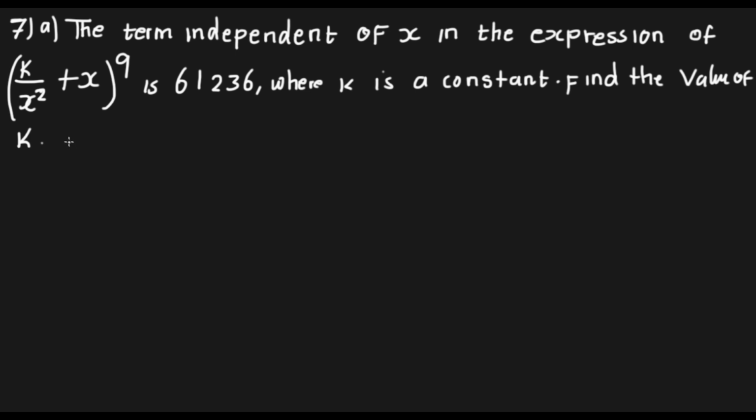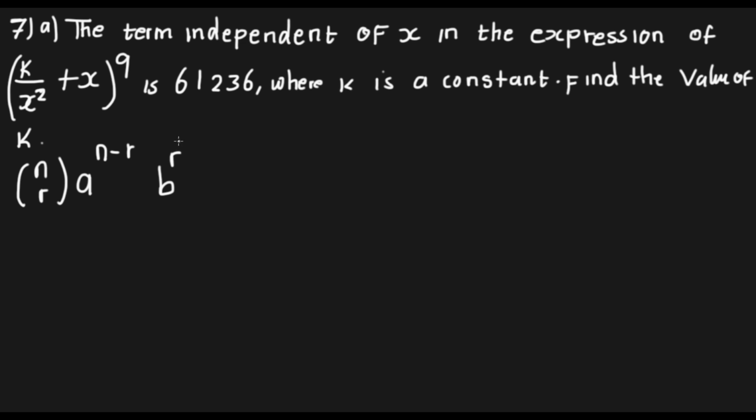So for a question like this one, we are going to bring in the formula. We'll say n combine r multiplied by a raised to the power n minus r, then times b raised to the power r.